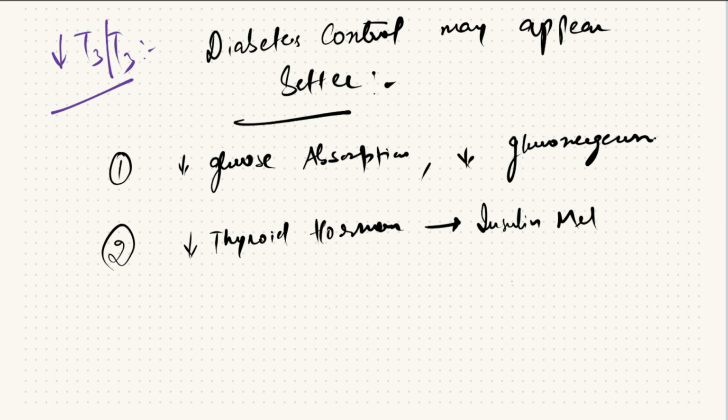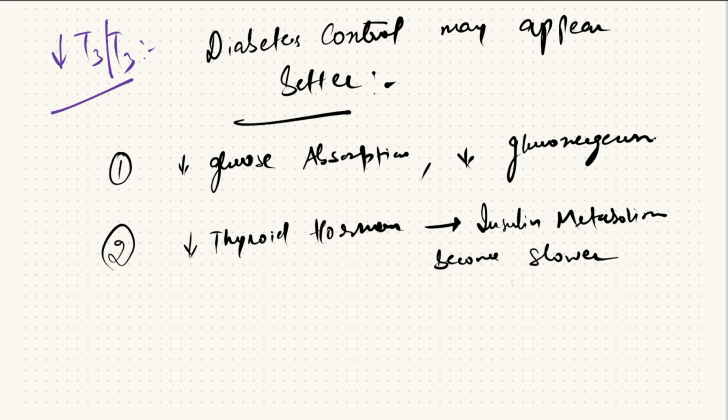That means there is prolonged action of insulin. So for these reasons, diabetes control may appear better in hypothyroidism.